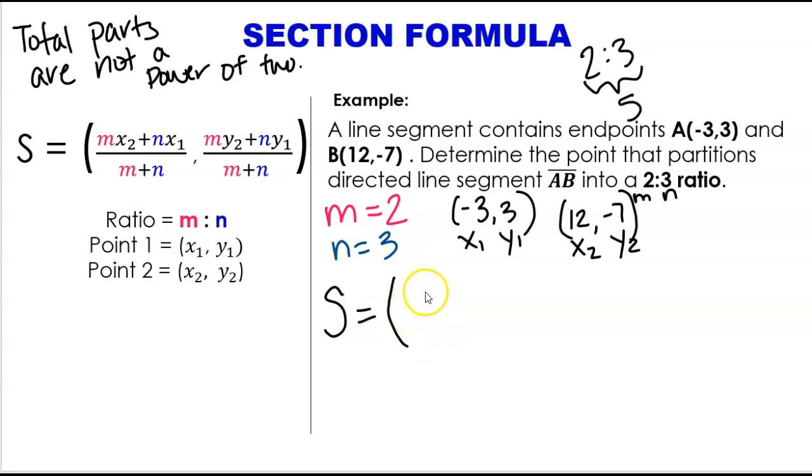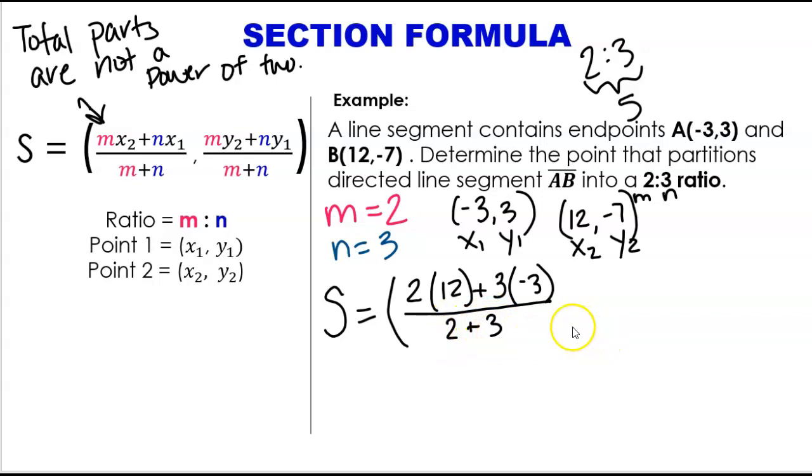So it says m times x2. All I'm doing is plugging into this formula here. My m is a 2, and my x2 is a 12. And then I have plus my n, which is a 3, times my x1, which is a -3. All of that is over m plus n, so 2 plus 3.